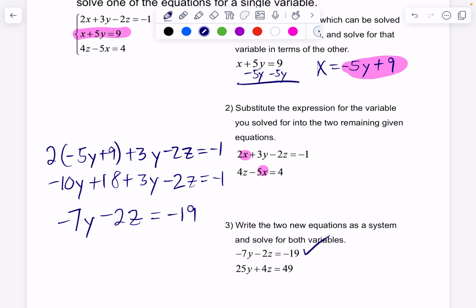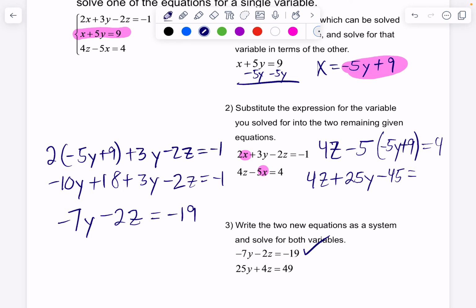And in the second one, we've got 4z minus 5 times x, which is negative 5y plus 9, equals 4. So I've got 4z plus 25y minus 45 equals 4.